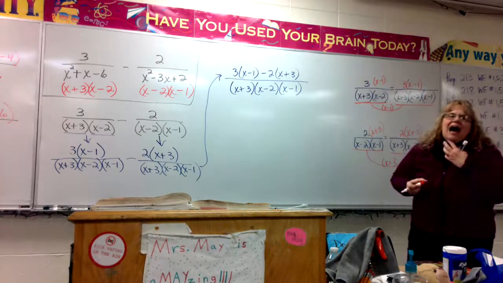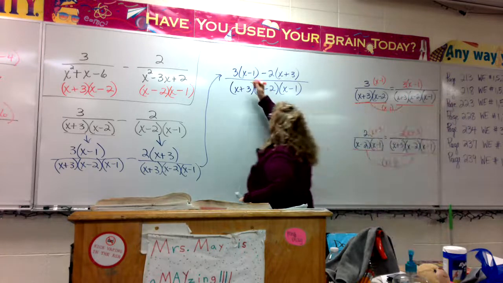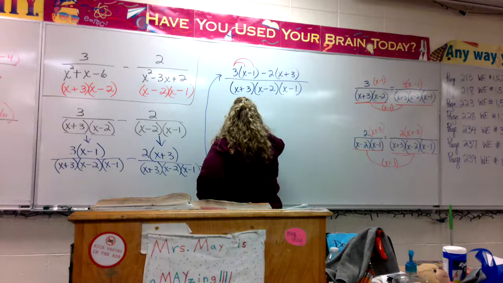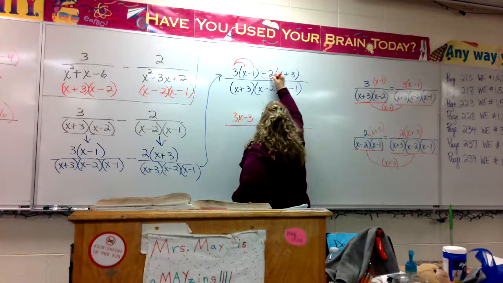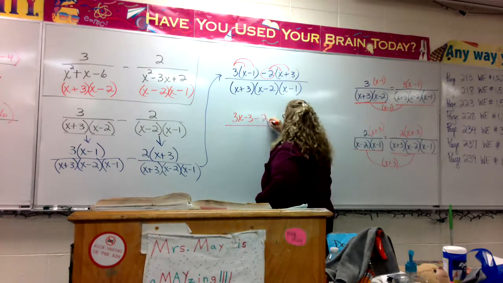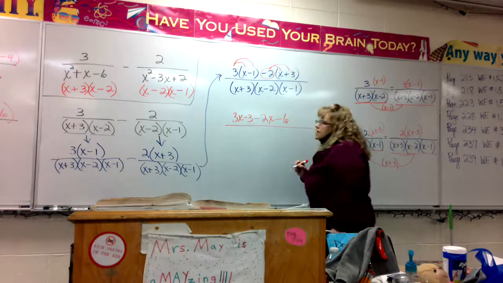Now is when I would like you to multiply that out. What do you get? Is that 3x take away 3? What do you get? Don't forget it's negative 2. Negative 2x and what? Minus 6.